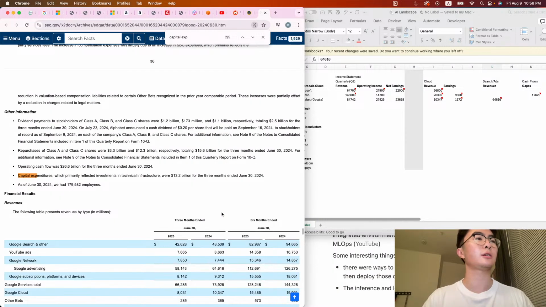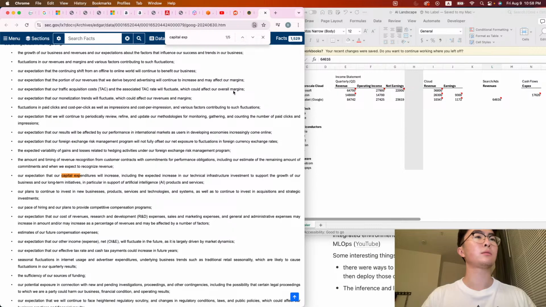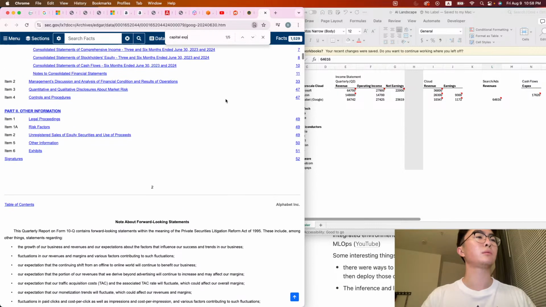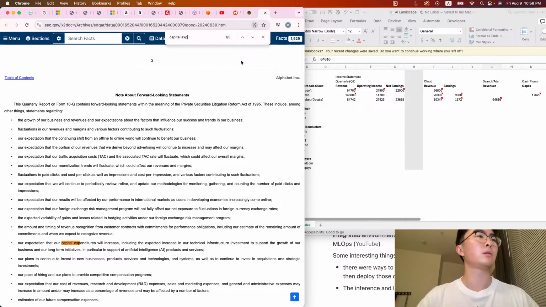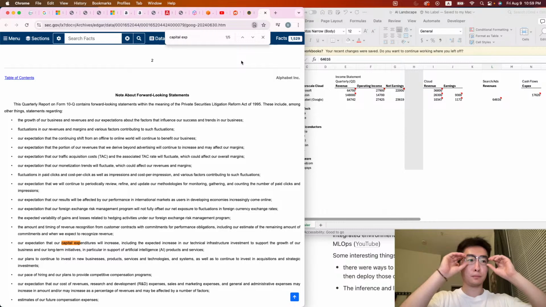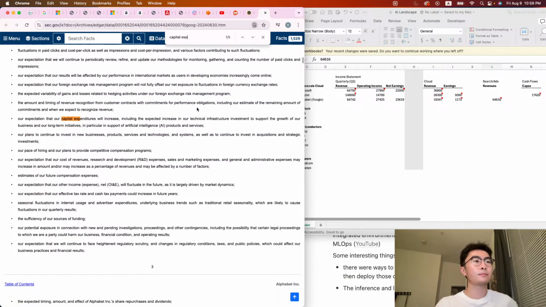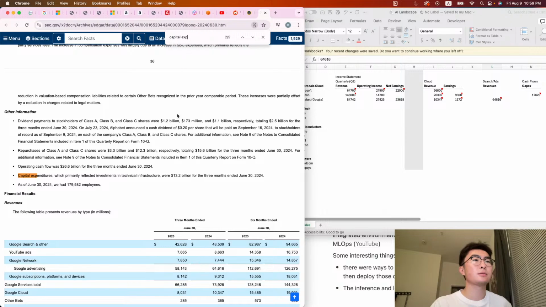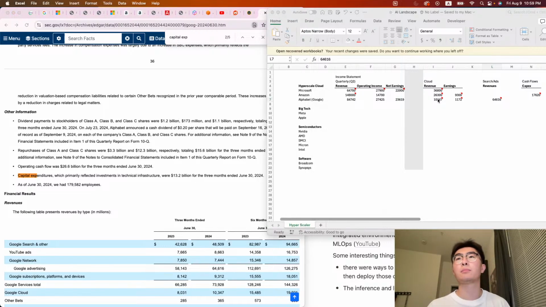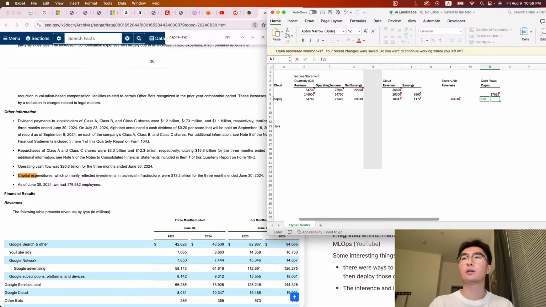Capital expenditures. Sources of funding, seasonal fluctuations, internet usage. Okay. $13.3. So this is 13,200.